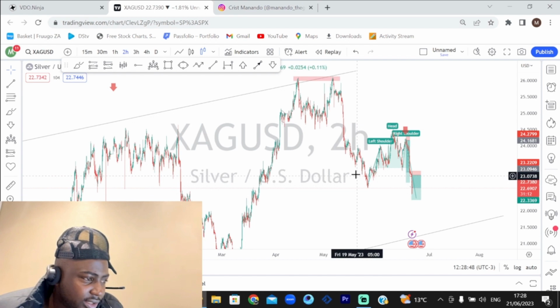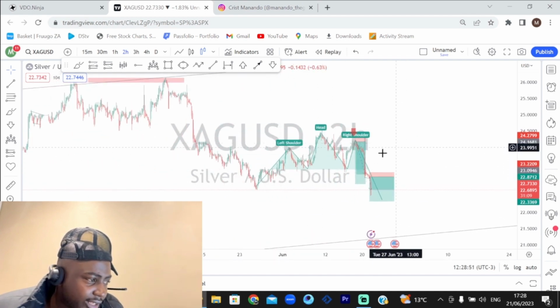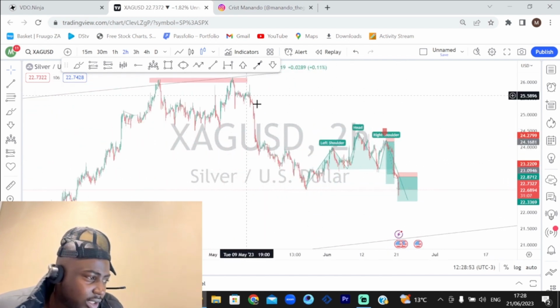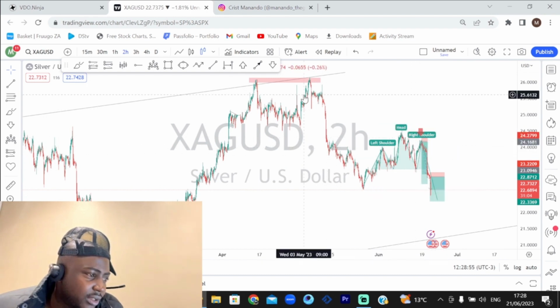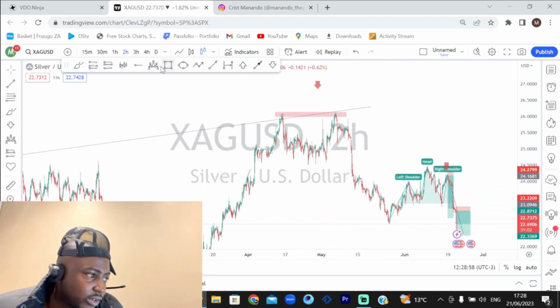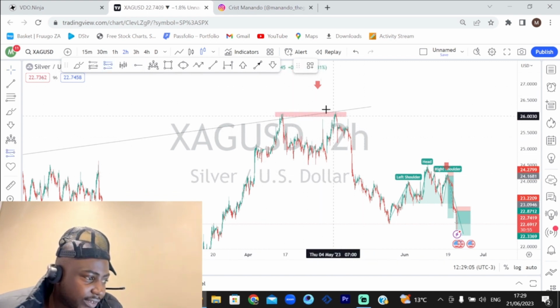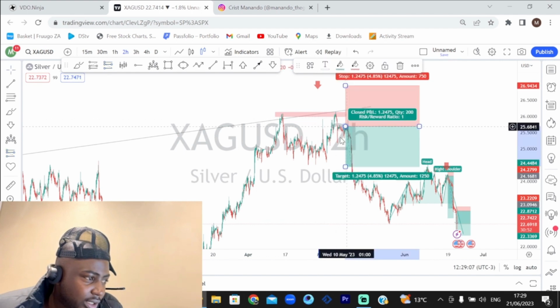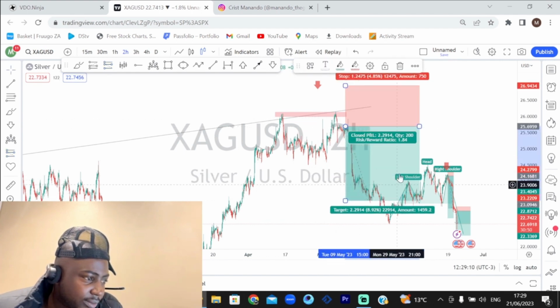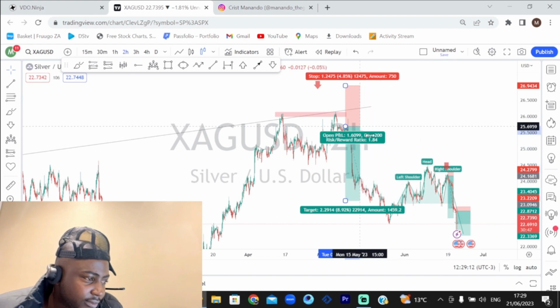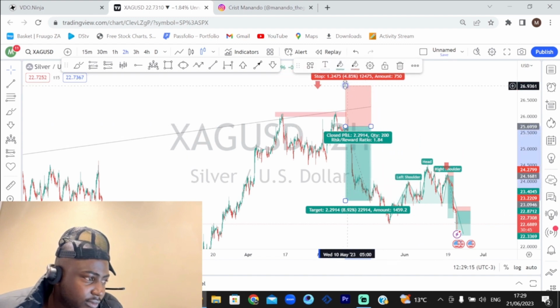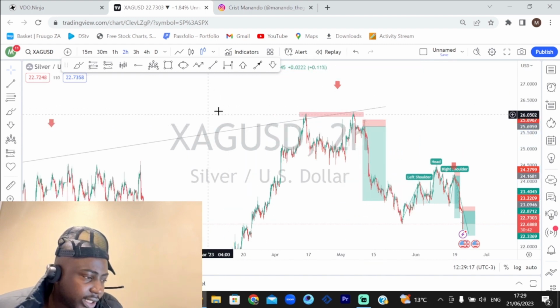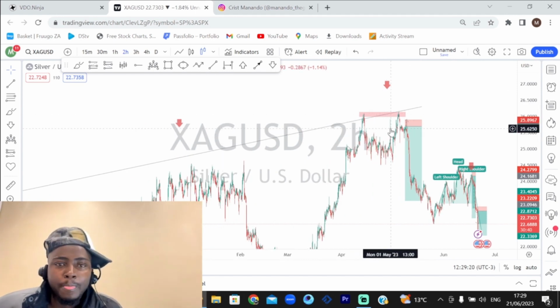You could have entered at the right shoulder of the Head and Shoulders, that being the middle trade, or you could have entered at this double top at our third touch of the main structure, right? You could have entered within that correction as well, just like that.